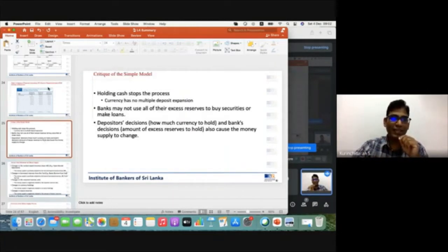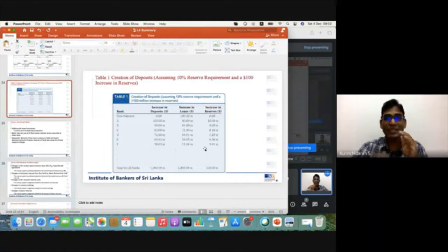So this is a problem in this simple model. And also, here we say the bank keeps only 10%. But if the bank wants to keep 15% as a reserve, then you don't get that money, as we discussed. Now this loan was created as 90 million, reserve increased by 10 million.